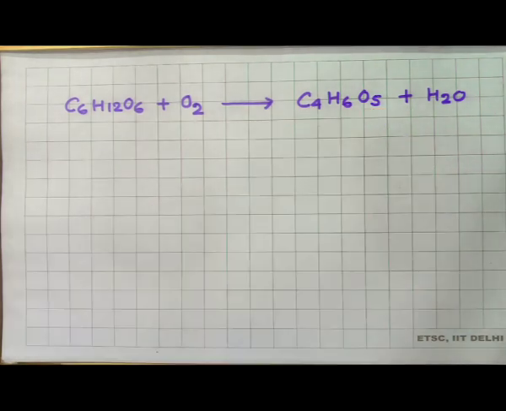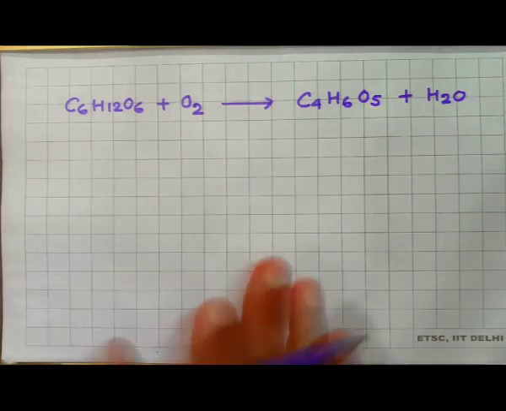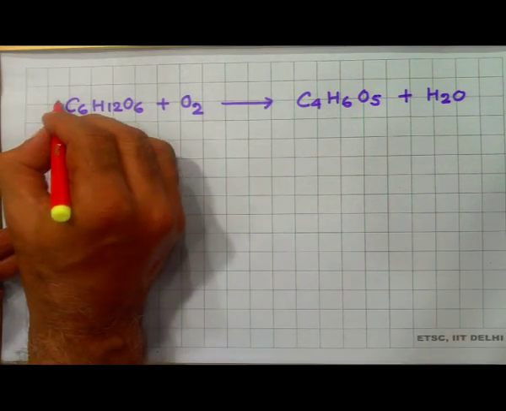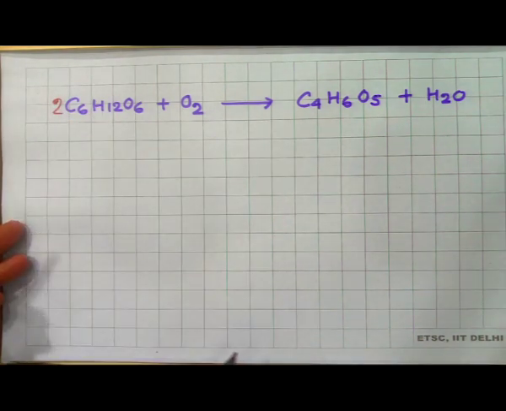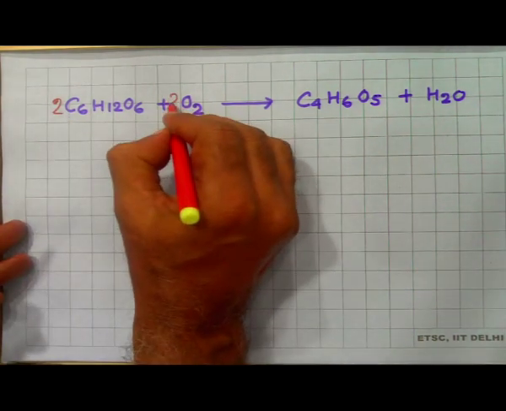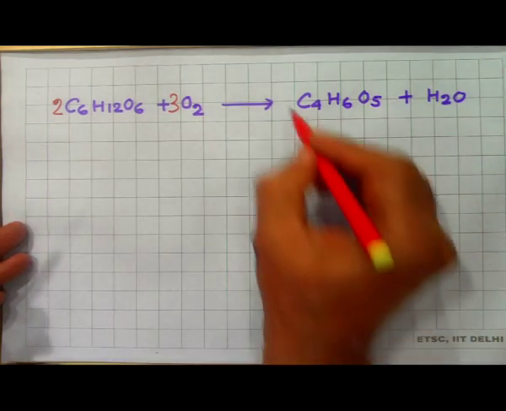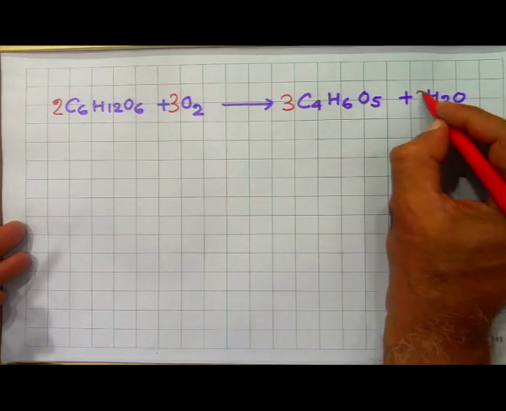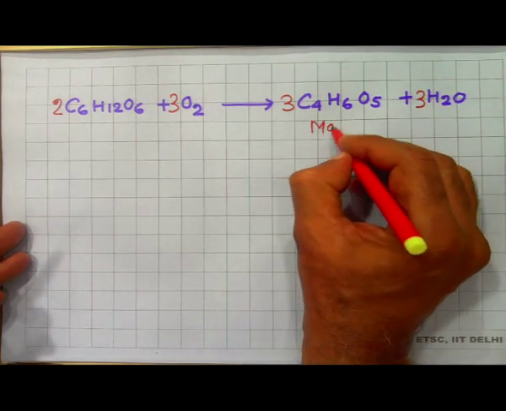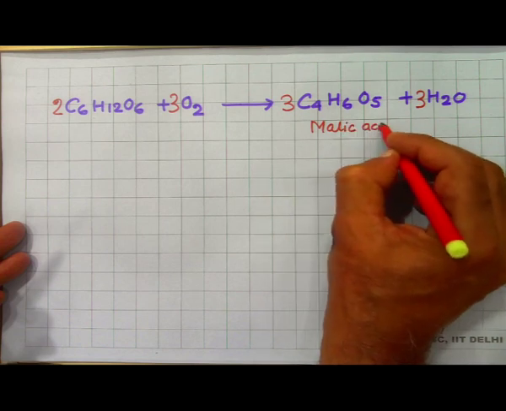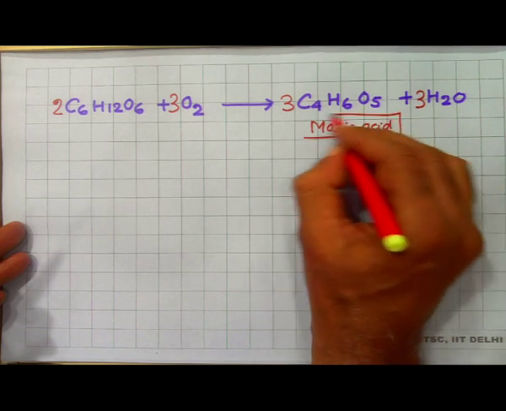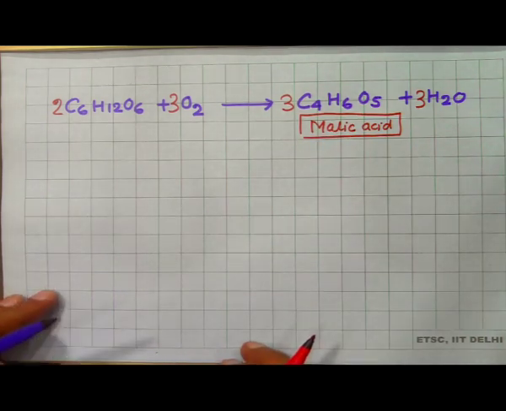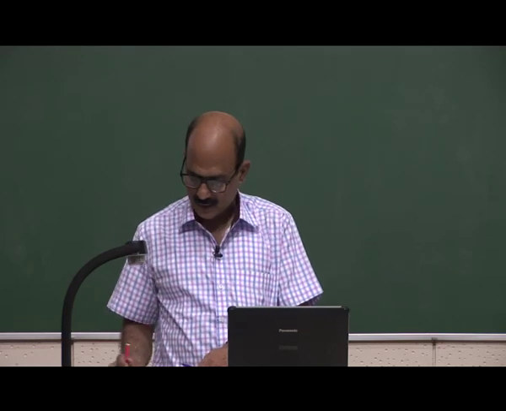When we balance this reaction, two molecules of glucose combined with 3 molecules of oxygen give 3 molecules of malic acid and 3 molecules of water. Malic acid we have already discussed, it is the product of the C4 cycle, malic acid, aspartic acid, that is the product of the C4 cycle.